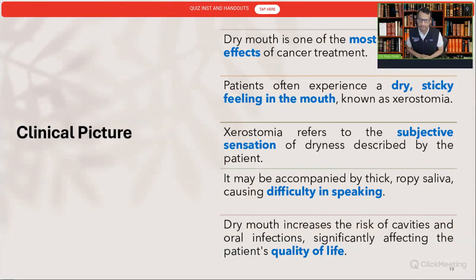It's sometimes described when the patient has ropey saliva and even difficulty speaking. Altogether it influences the quality of life, because you can't speak, you can't eat food. It will affect your swallowing, your digestion, and your enzymes in the oral cavity. Altogether, it's a miserable situation if you are dealing with such worsened xerostomia.